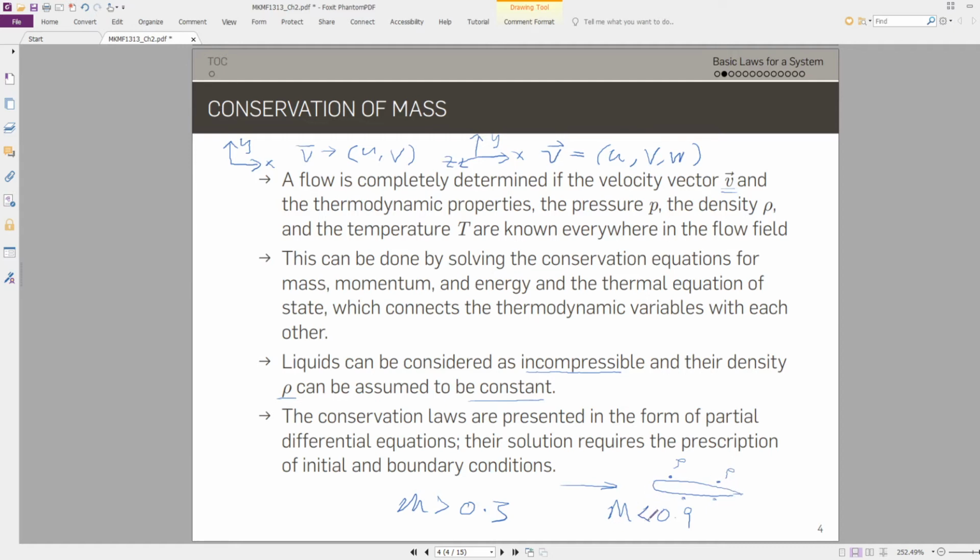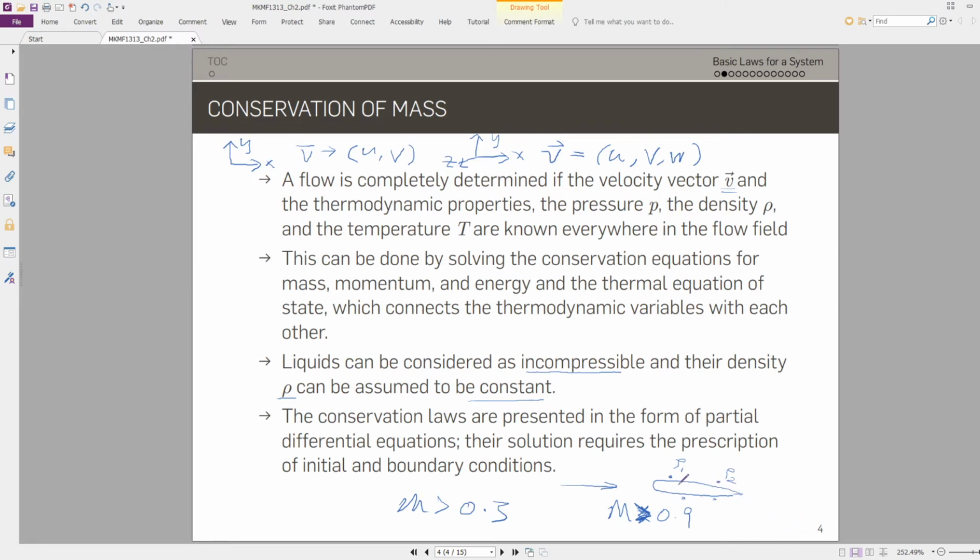But when this wing is flying at a higher Mach number, which is greater than 0.9, then we will find that for the size of the wing, the density at point number 1 here will vary quite drastically as compared to the density at point number 2, point number 3, and point number 4, and actually everywhere around the wing.